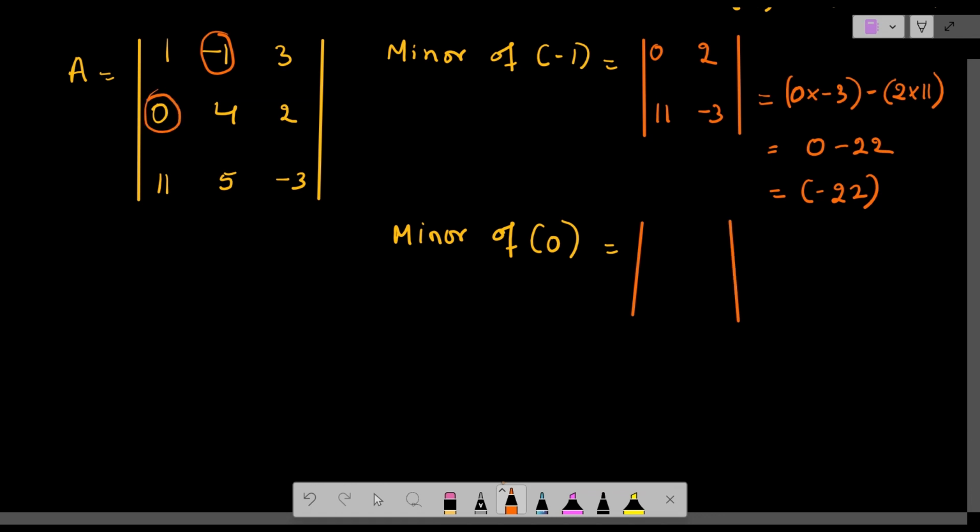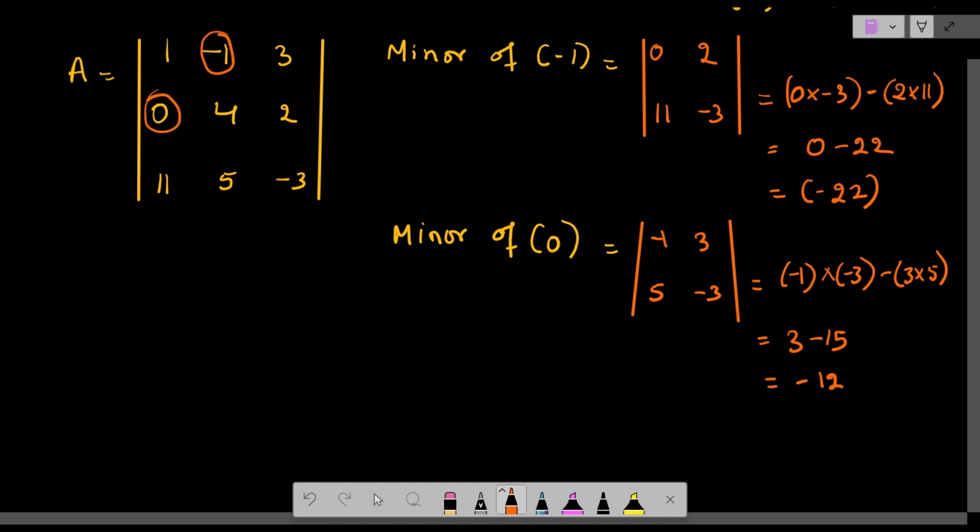If you avoid this, we will have minus 1, 3, 5, minus 3. Understood? Now solve this. Minus 1 into minus 3 minus 3 into 5. So this is positive 3 minus 15, that is equal to minus 12.